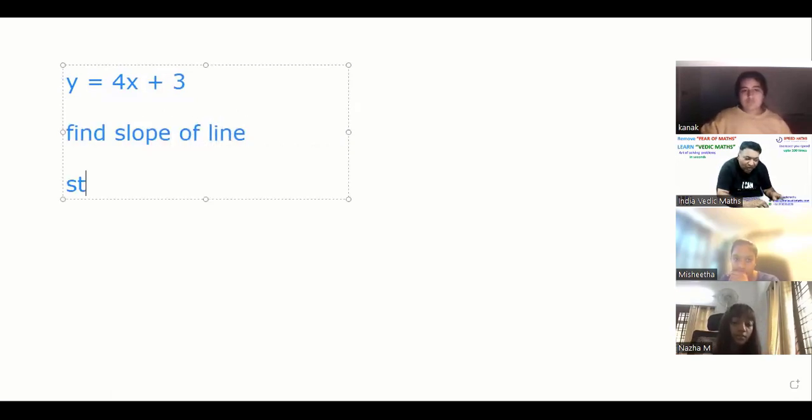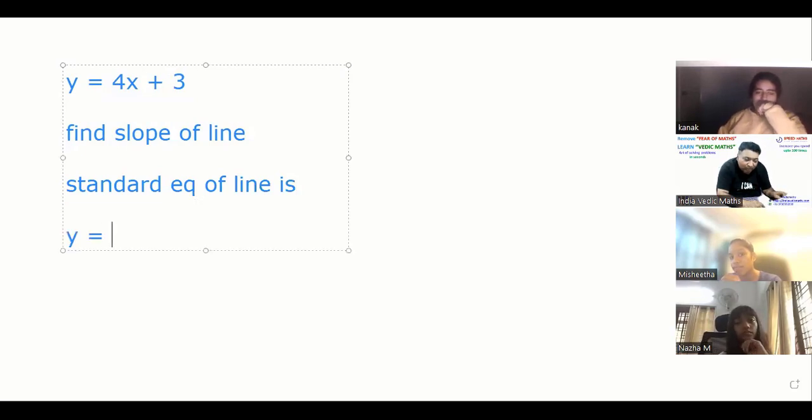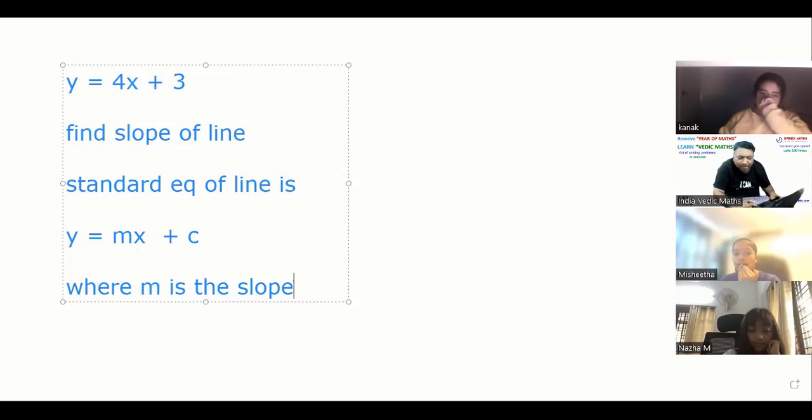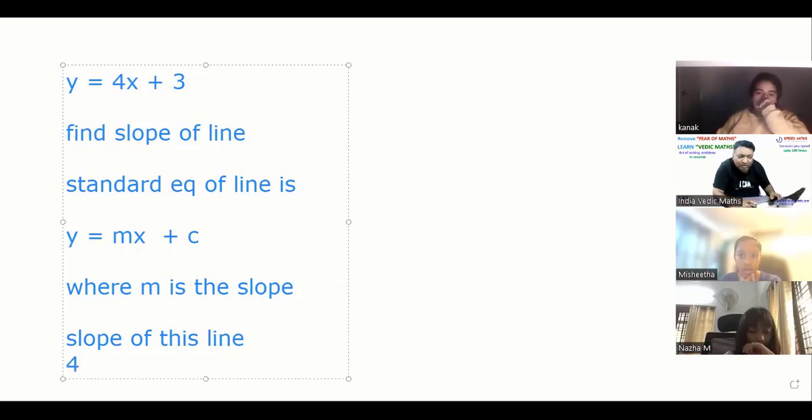The standard equation of a straight line is always given by y equals mx plus c, where m is the slope of the line. Now please tell me, when you compare this standard equation with this one, what will be the slope? The slope of this line will be 4.